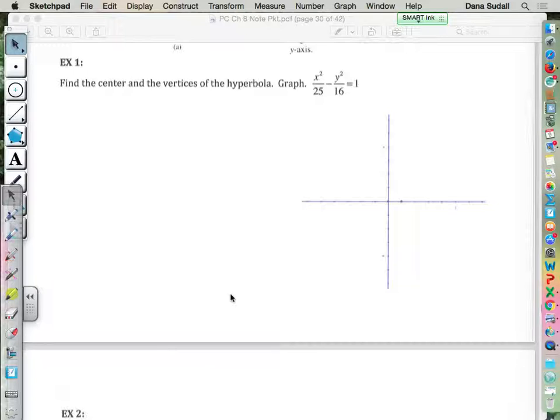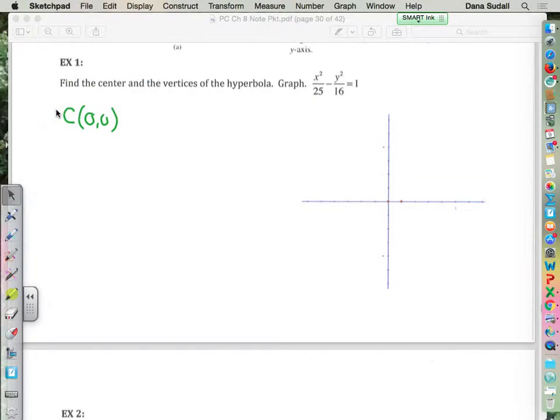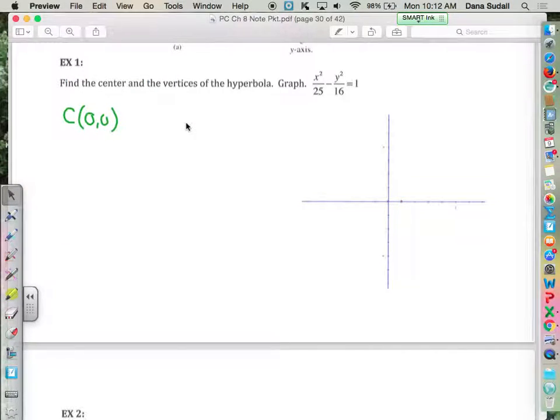So for this one, just like for ellipses, and if you notice the equation is almost the same as the equation for an ellipse, except it has a minus sign in between. The center for this one is at 0, 0. Let me get rid of this sketchpad thing here. Here we go. So my center is at 0, 0.